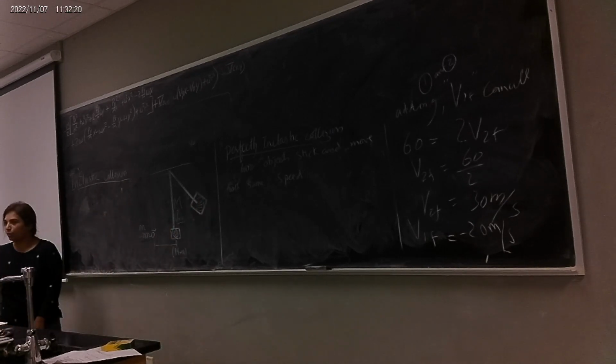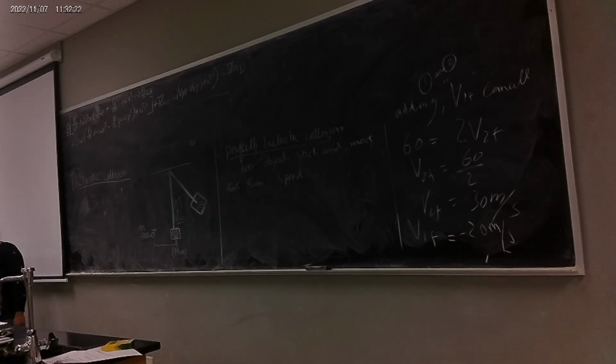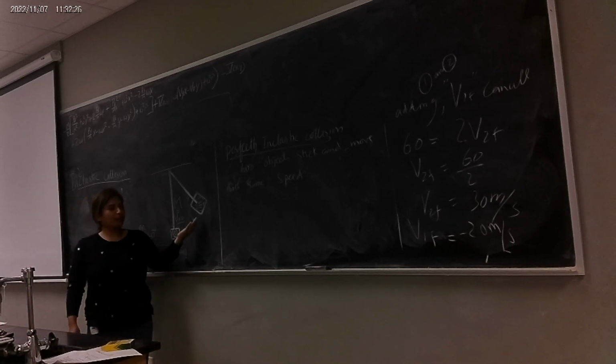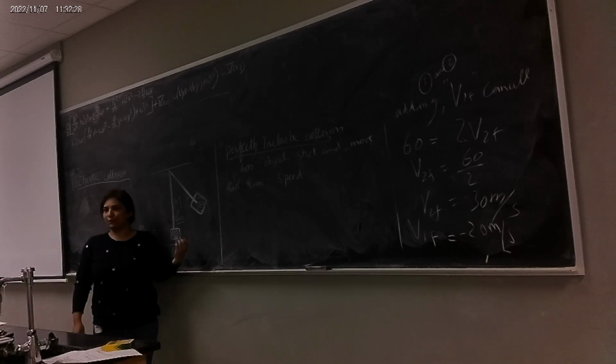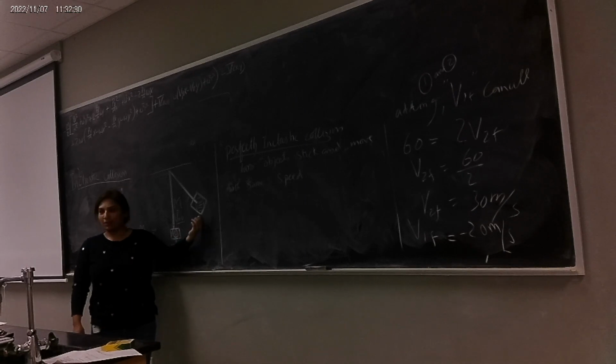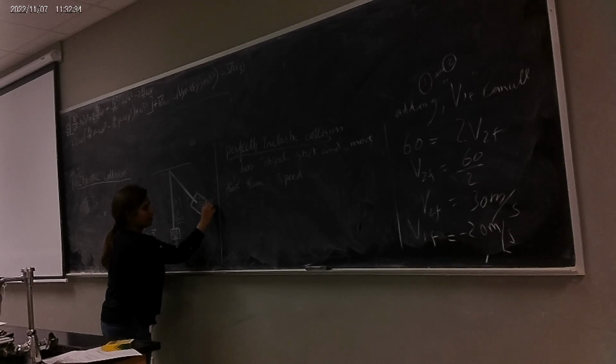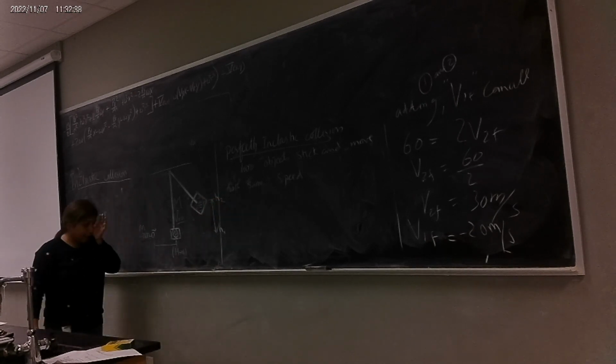Now in the picture it looks like they gained size too. This is the zoomed in version of the same thing, so you can see it better. The height has changed. It's h1 initially, h2 finally.